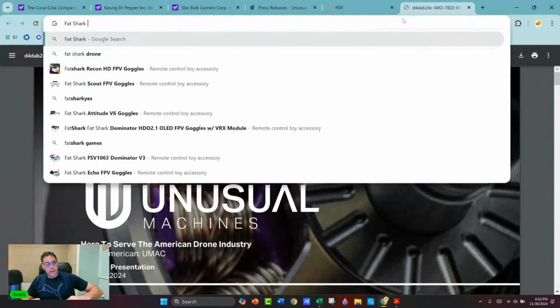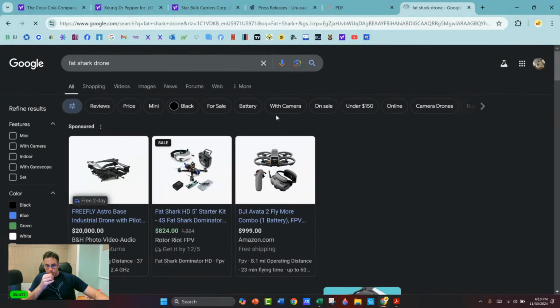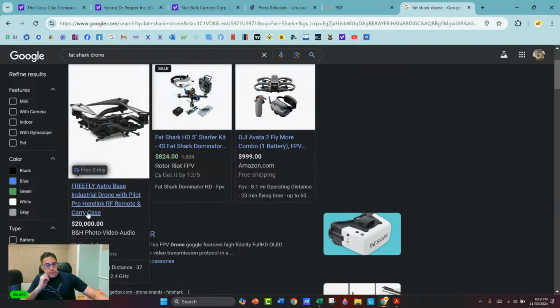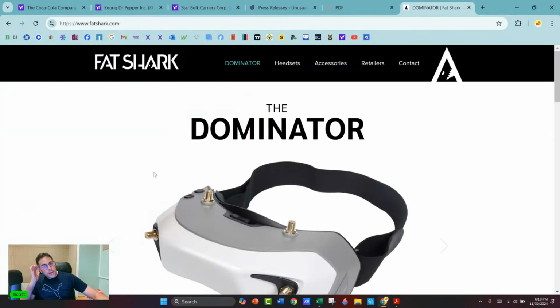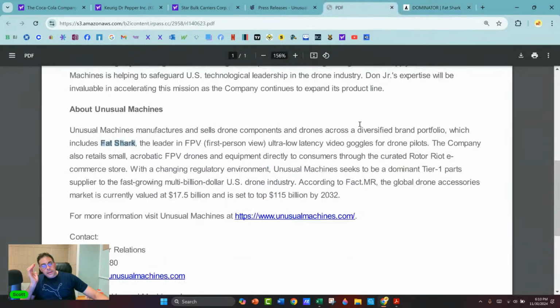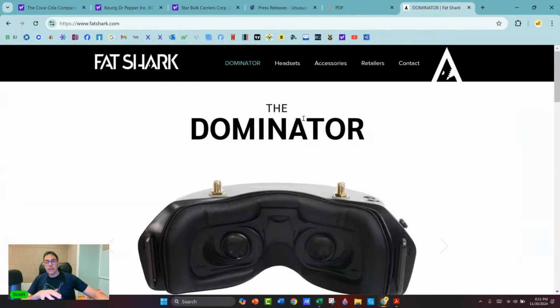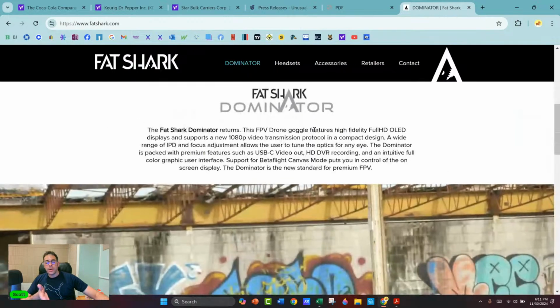Let's see, Fat Shark drone. $20,000 for a drone. And that's expensive. So Fat Shark. They manufacture and sell drone components and drones across the brand portfolio, which includes Fat Shark. So they sell Fat Shark drones.